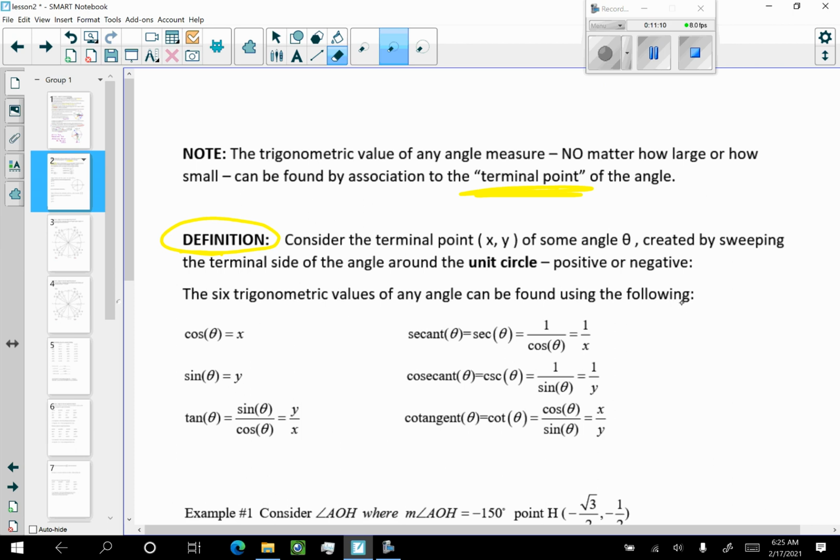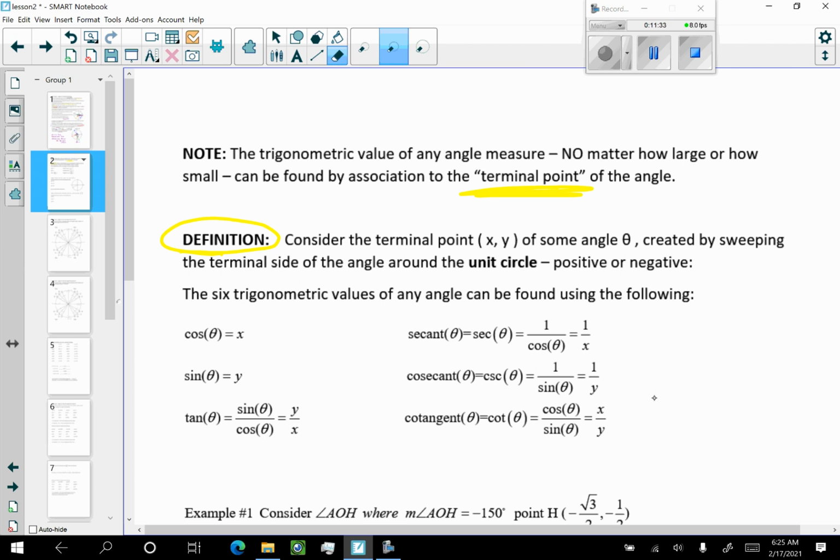The cosine is x, the sine is y, the tangent is y over x. These are the exact same definitions that we did before. If you recall, cosine was adjacent over the hypotenuse.